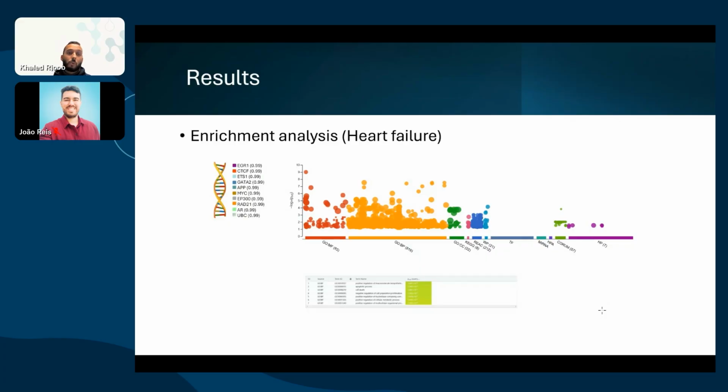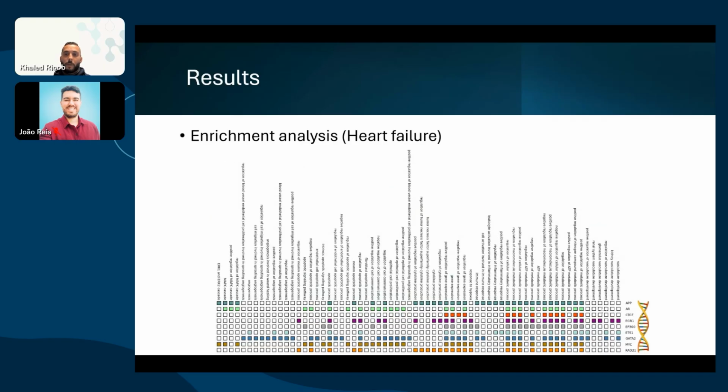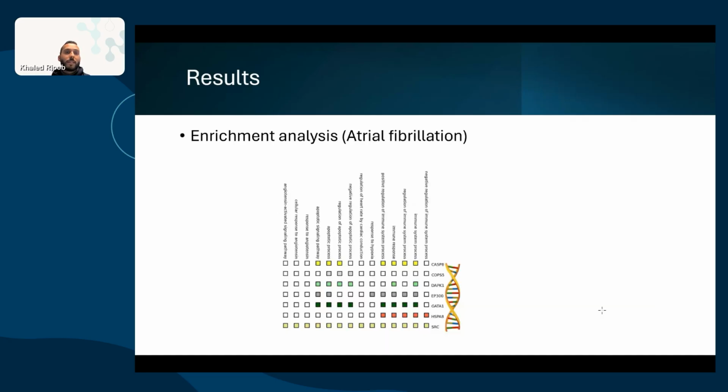Out of the top 10 predicted genes in heart failure, around 8 genes were significantly associated with 66 critical pathways associated with heart failure, which emphasizes that those genes are more likely associated with heart failure. In the second enrichment analysis, we selected the genes that are predicted for atrial fibrillation.